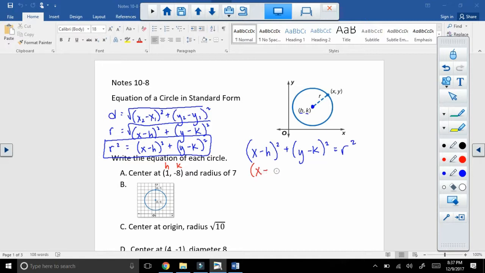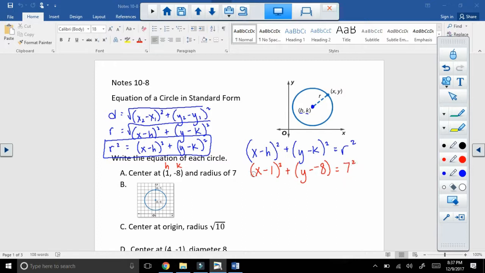So X minus the X value, so that's going to be X minus 1 squared, plus Y minus the Y value, or K in this case, is negative 8. So you have to remember what happens when you subtract negative 8, and then the radius is 7 squared.